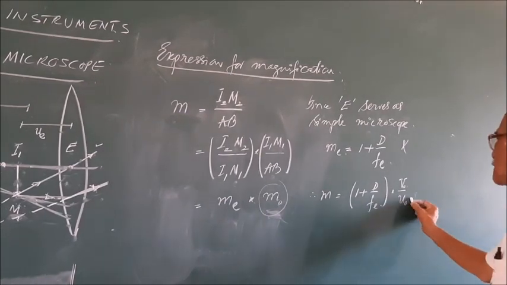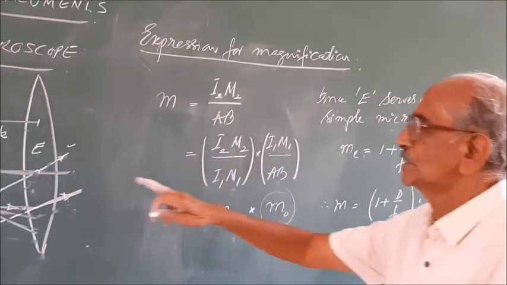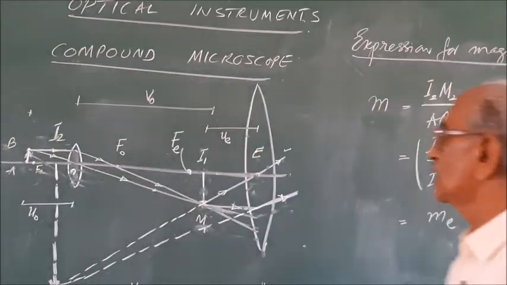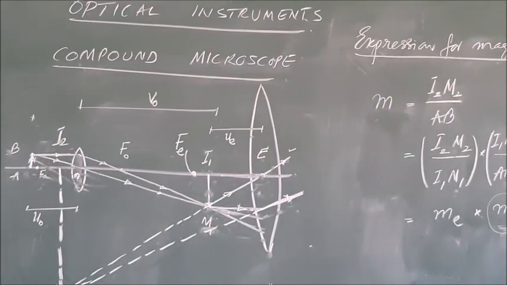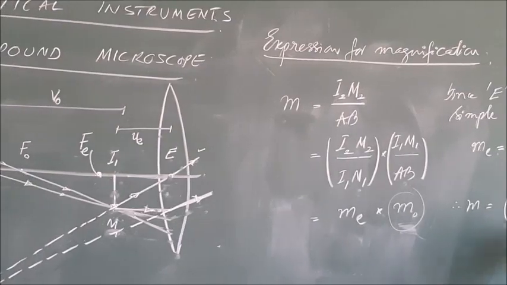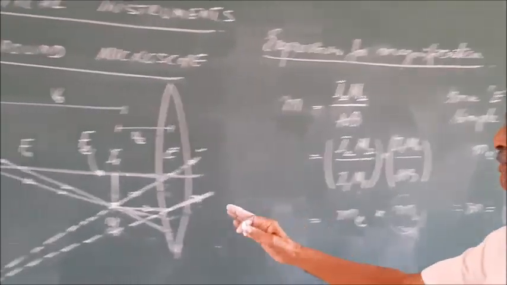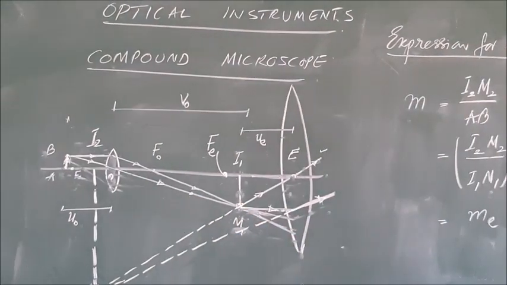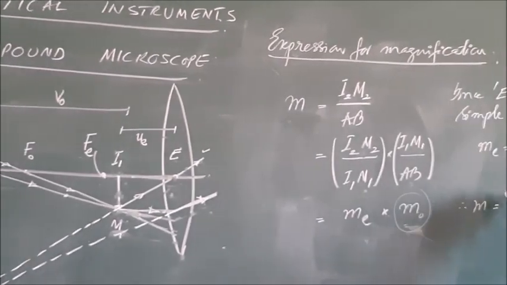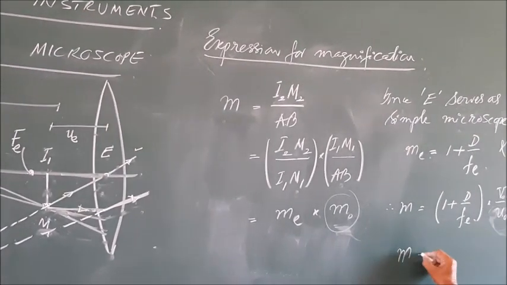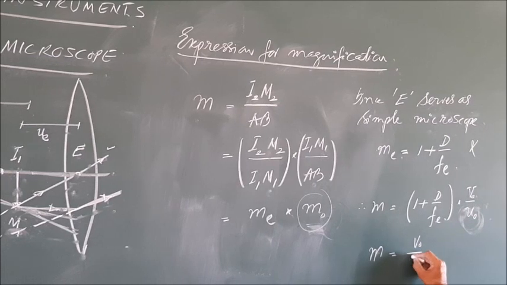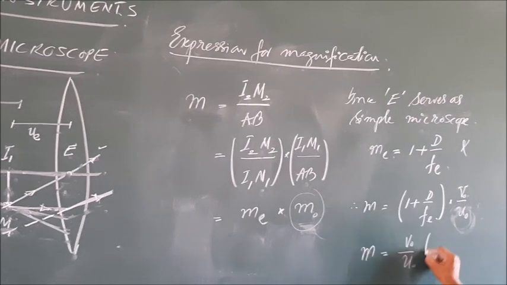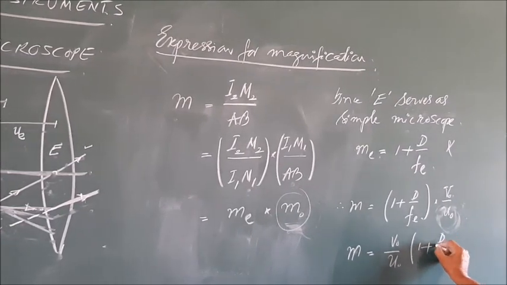Now VO is nearly F. VO is almost equal to the length of the microscope, but we'll keep it as it is here. So the magnification is VO by UO into 1 plus D over FE.